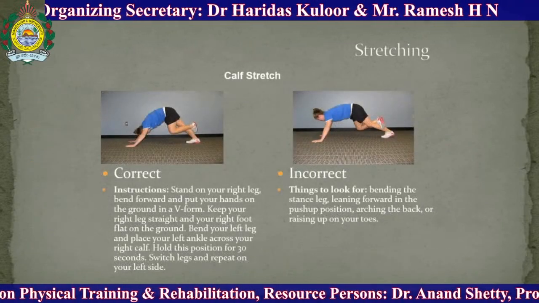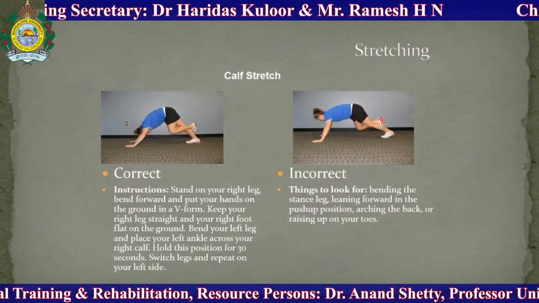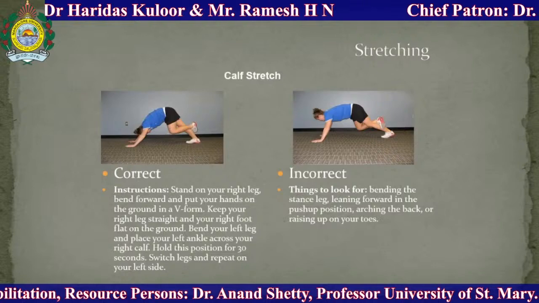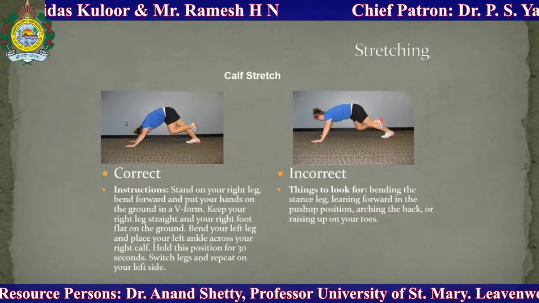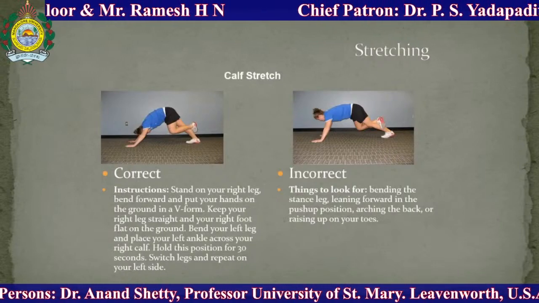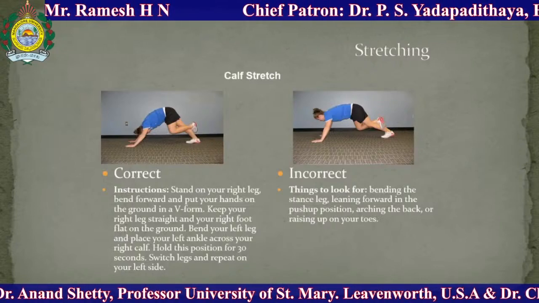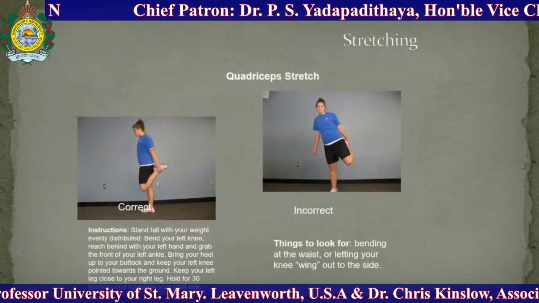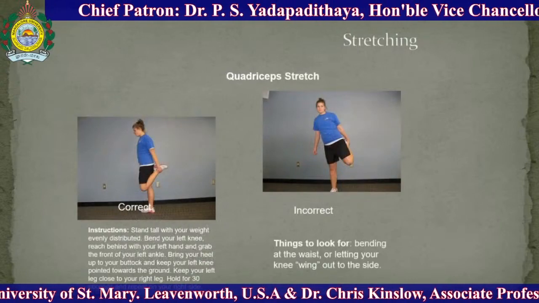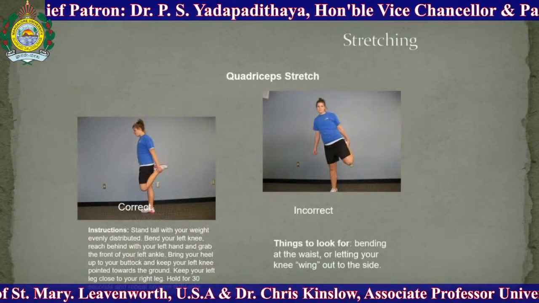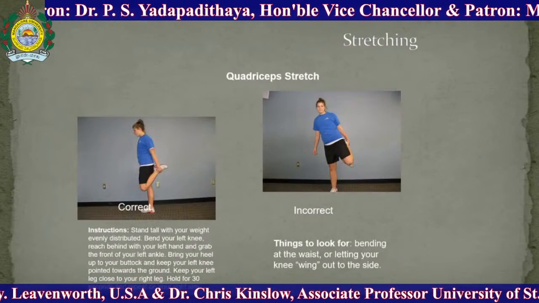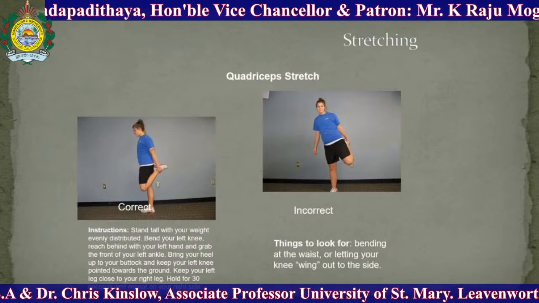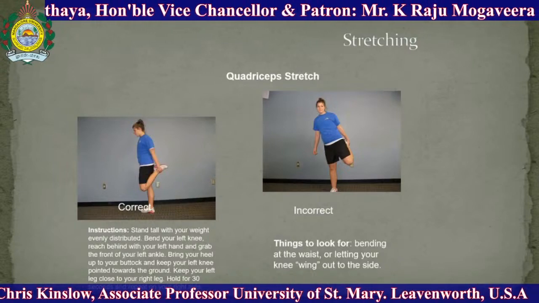So we do some stretching exercises in which we stretch the lower leg muscles, like the calf muscles. This position engages your core strength in your abdomen while also stretching the lower legs. Then we stretch the thigh muscles on the front of the thigh, the quadriceps. We just bring the heel up towards your bottom, and we want to work on controlling our trunk so we're nice and upright and not leaning to the side.